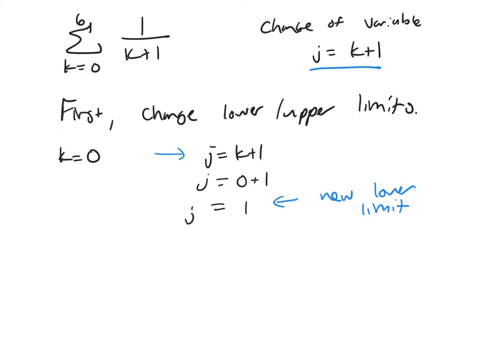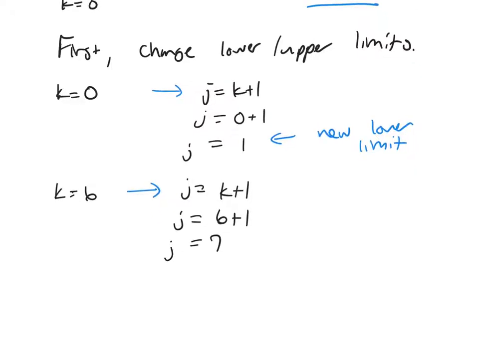Now let's plug in our upper limit. It was k equals 6 into my change of variable equation. So my new upper limit is going to be 7.